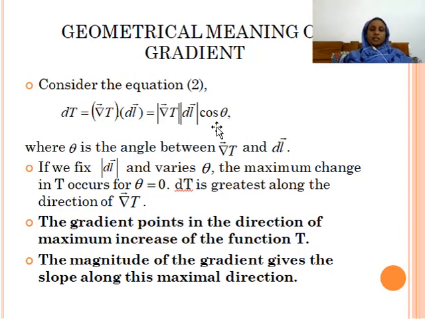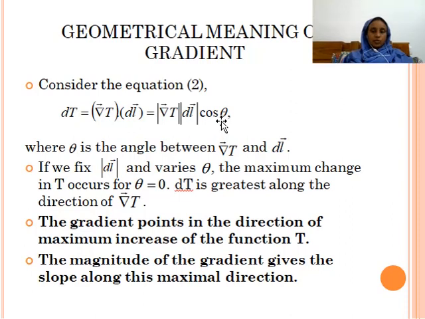So what do we get? dT, the change in temperature, is maximum or greatest along the direction of gradient T. That means if this displacement vector is along the direction of gradient T, then we get the maximum change in temperature T. That means theta equal to 0.